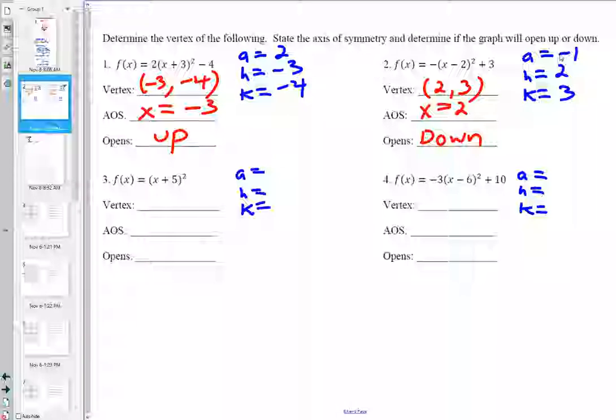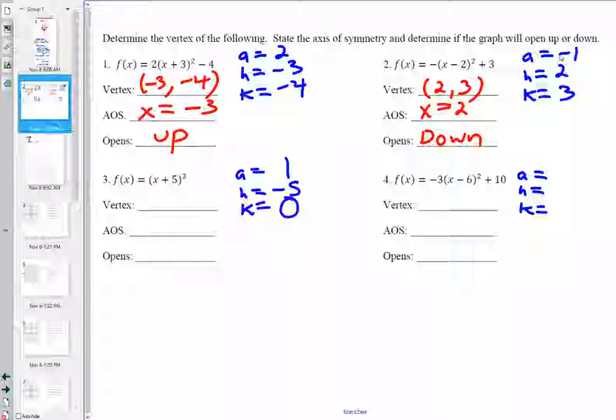All right, and then what's the A here on the next one? 1. Good. What's H? What's K? 0. Excellent. Sure, that's being added. If you don't see it, that's 0. Good. So, where is the vertex?